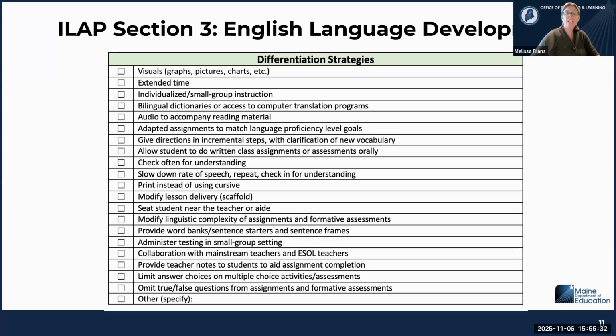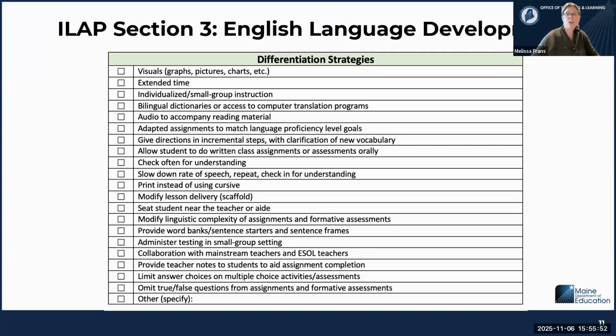Scaffolds and supports change and should diminish over time. And the goal is not more is better, right? The goal is to really think about the age and language proficiency level of the student. How are they using supports in the classroom, in their instruction and classroom assessment?